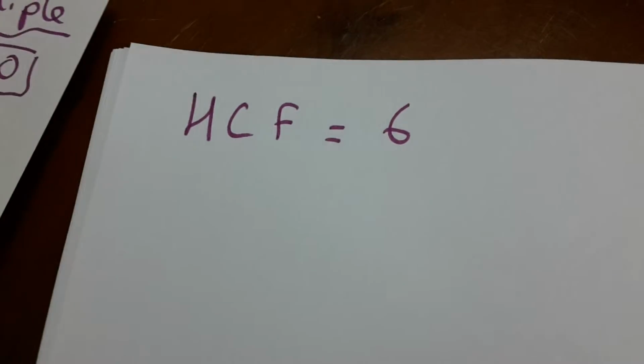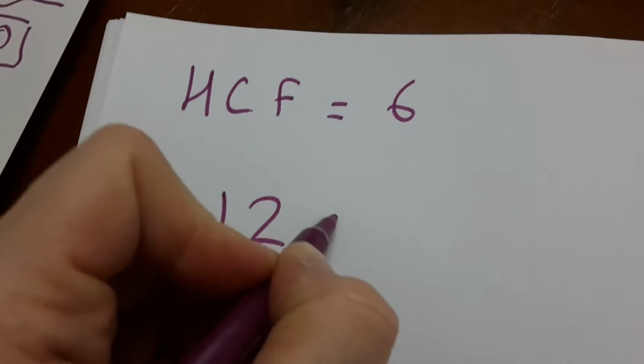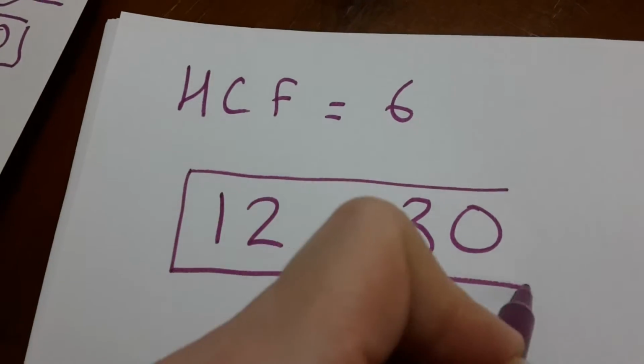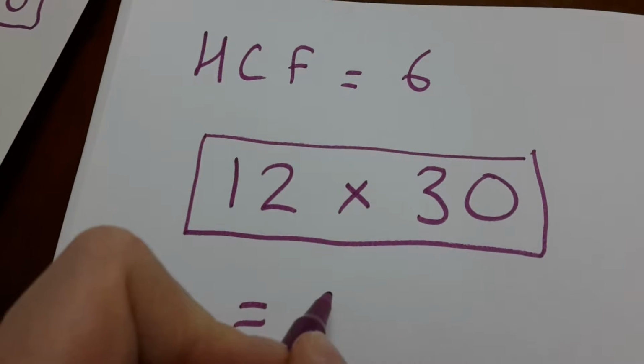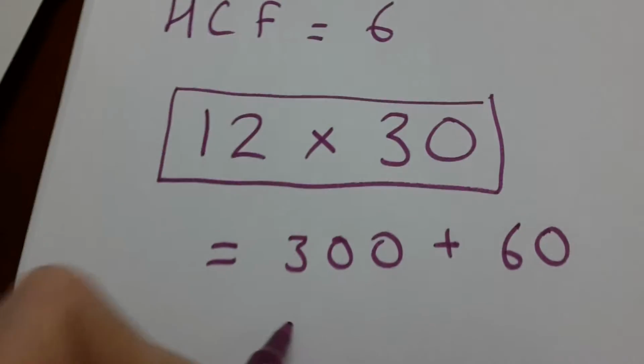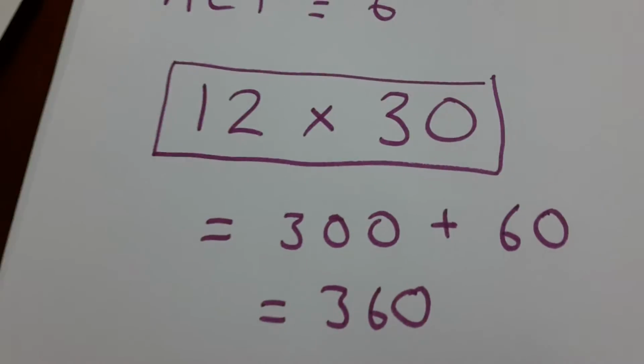The other way you can also do it, that I really like, and this is a good one if you get confused, is you still have to calculate the highest common factor, which is pretty simple. I know that's 6. Then what you do is you do 12 times 30, so you multiply the two numbers that you have together. So I know that that's going to be 300 plus 60, so that gives me 360.